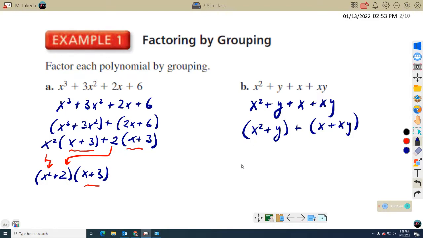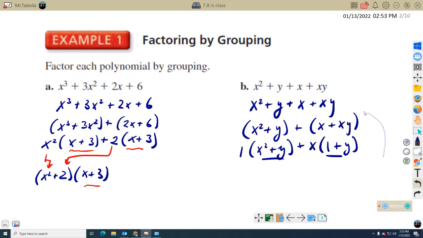For x squared and y, the common factor would just be a 1. For x and xy, the common factor is an x, and that will leave 1 plus y. So I don't have this common factor here. See, I don't have a common factor here and here. So this one isn't going to work for us.